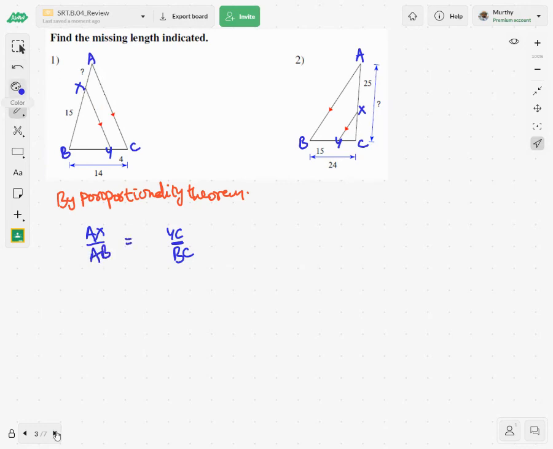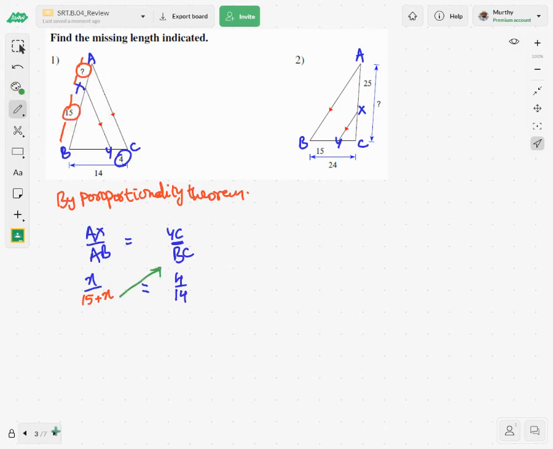Now plug in the values. AX, I don't know, so let it be X. What is AB? Please be careful. That is this one and this one together. Therefore, it's going to be 15 plus X, the missing value. YC is 4 units. BC you can see is 14 units. 4 over 14. Now you go for cross multiplication.